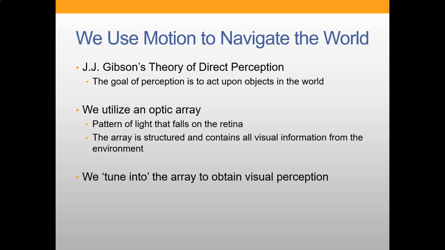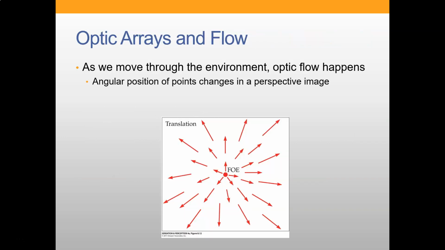Now, one of the things that is a little bit odder about Gibson's theory of direct perception is that he believed that through a quality called resonance, we actually tuned in to the array like we were dealing with a radio to obtain visual perception. And so one of the things that we find is that as we move through the environment, we have what Gibson termed optic flow.